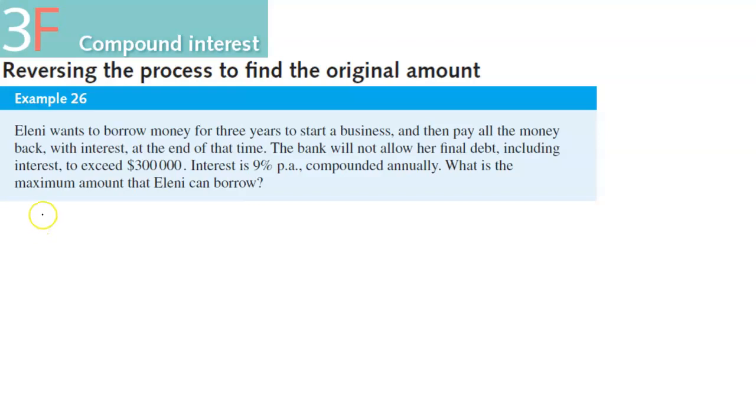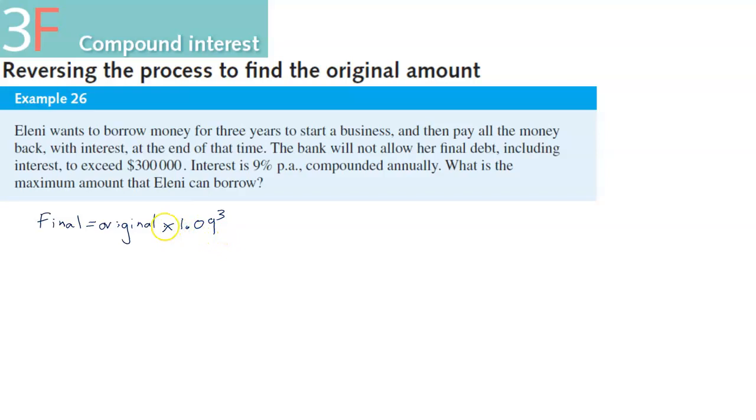Okay, so the final amount that Eleni owes is the original amount multiplied by, so our rate is 9%, so 1.09. And Eleni's borrowing the money for 3 years. So the original amount times 1.09 to the power of 3.